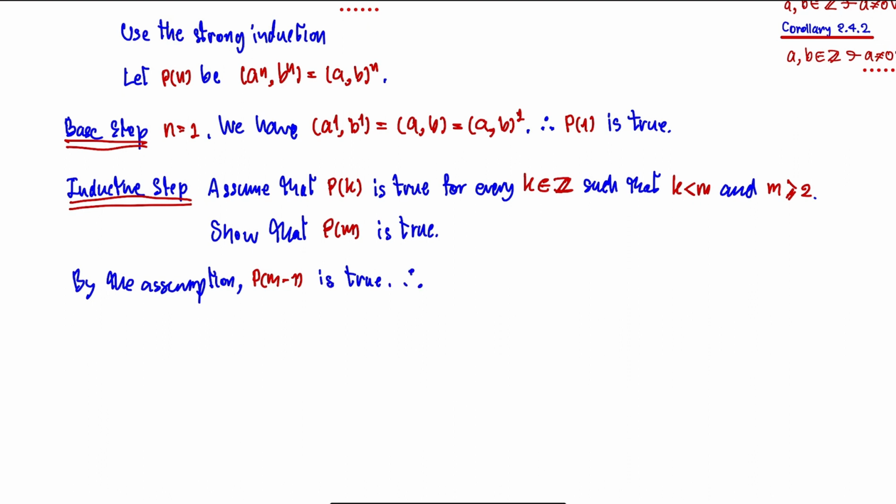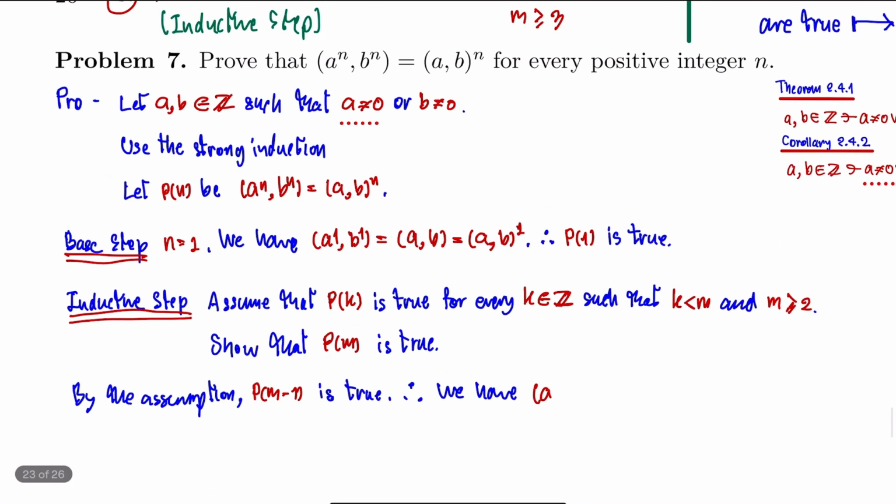That means we will have the greatest common divisor of a to the m minus 1 and b to the m minus 1 equal to the greatest common divisor of a and b raised to the power of m minus 1.